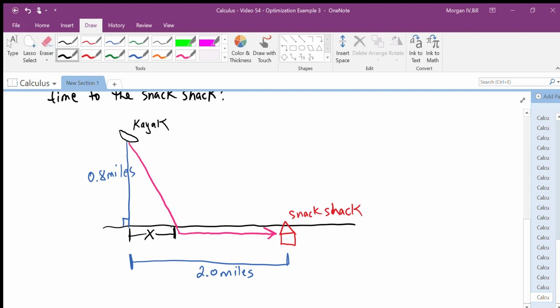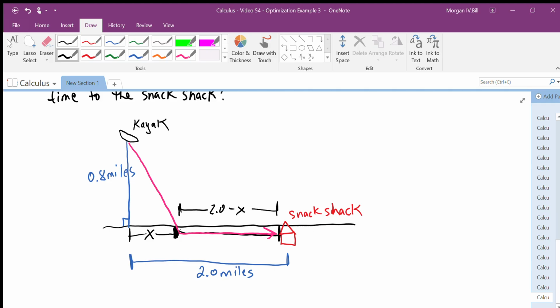The remaining distance to the snack shack would be, well, the total distance from perpendicular to snack shack was 2 miles. You're landing a distance x along the way, therefore what's left would be 2 miles minus x, minus however far you landed there. So we got a few variables there.